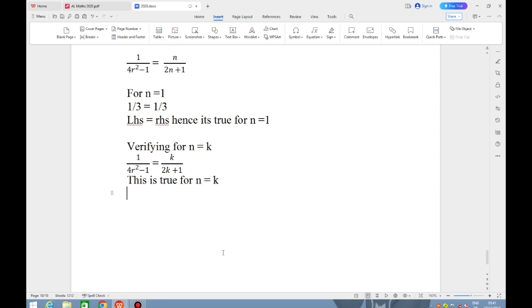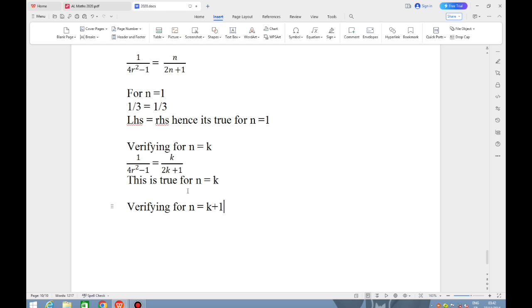To verify for n equal to k plus 1, we're going to substitute k plus 1 in the left hand function and add it to the k term of the right hand function, and we have to manipulate it so that at the end we get the function we would get if we directly substituted k plus 1 into the right hand side.